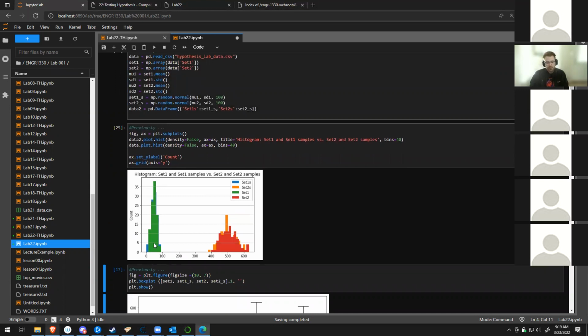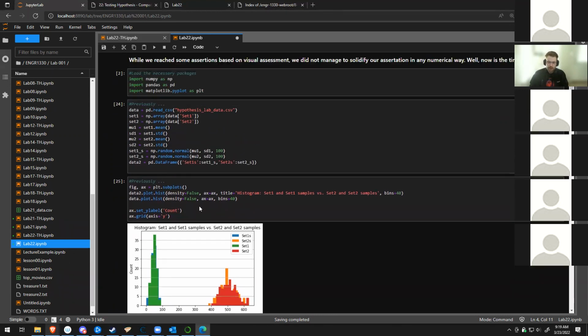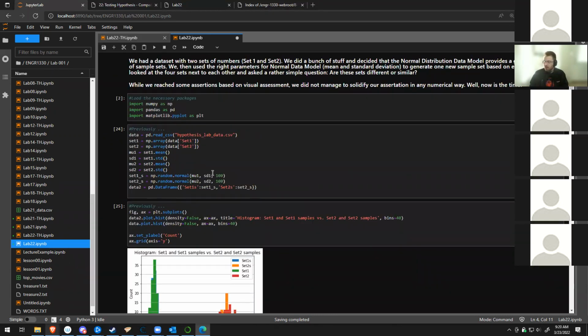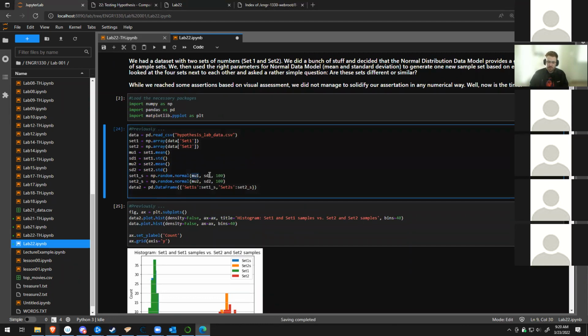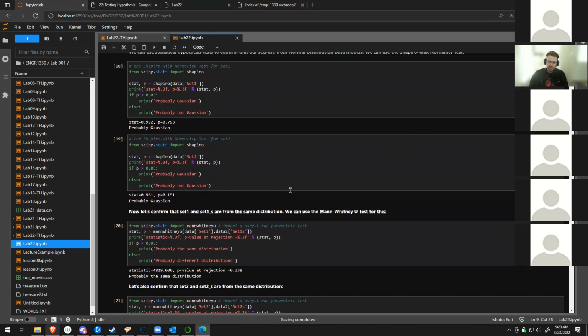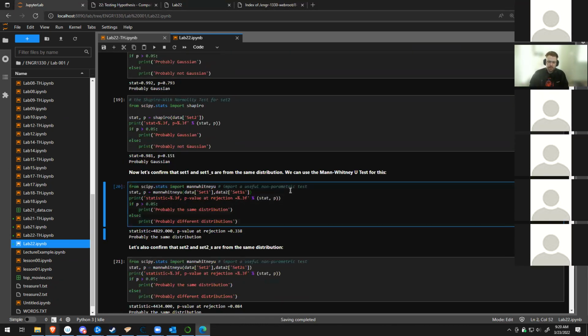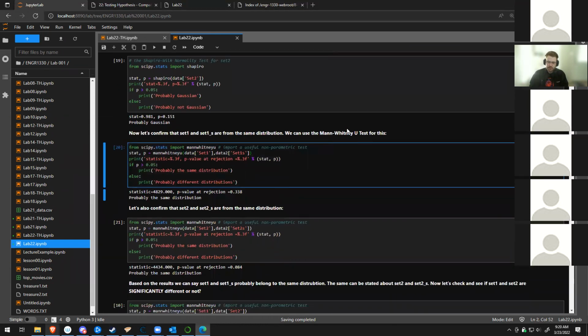Visually, it would be unwise to say. And also, I know that they have something in common. I know for a fact they have the same mean and the same standard deviation, because I made them that way. So it should come as no surprise that our test here says they probably come from the same distribution.